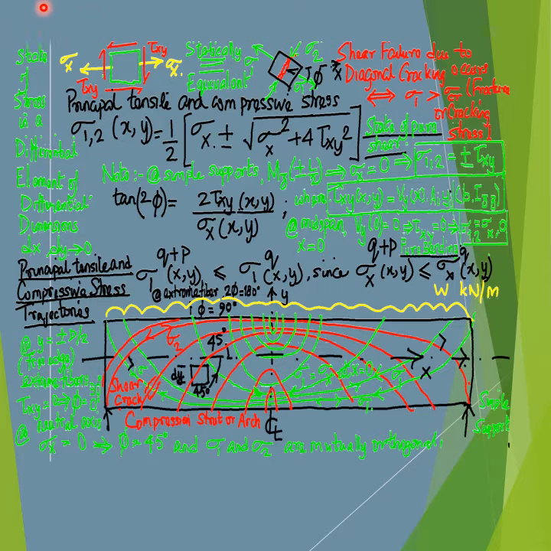thus resulting in a higher or larger value of the shear force or the externally applied imposed load that is required to induce diagonal cracking, that is cracking of concrete under the combined action of flexure or bending as well as shear.